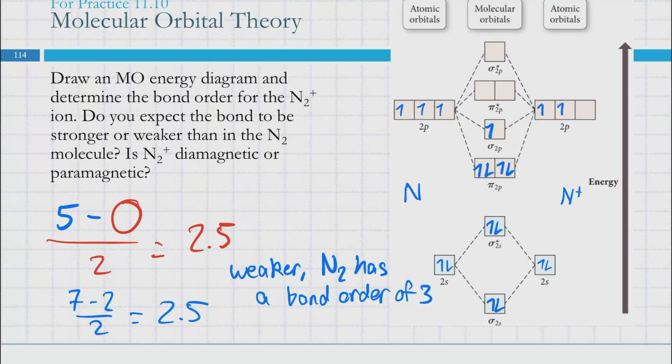It's paramagnetic. We have 1 unpaired electron. Diamagnetic is all electrons paired.